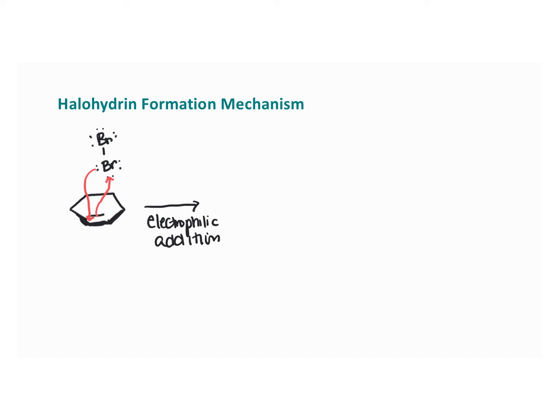We're going to form the same bromonium intermediate, where water comes in, it attacks here, and these electrons pop up there. This is an SN2 reaction. We have a backside attack.